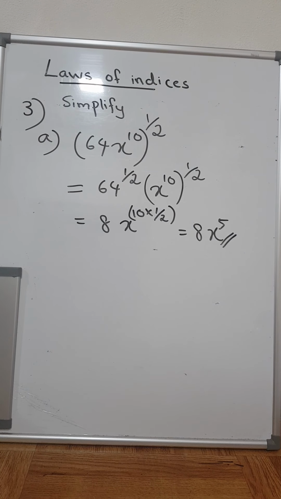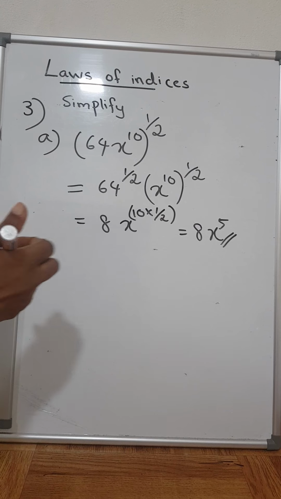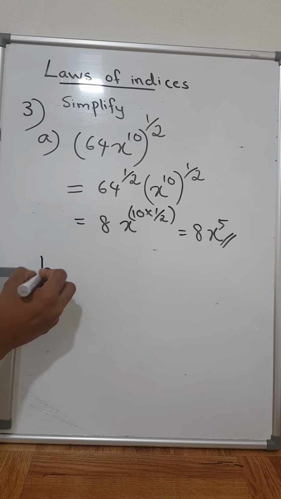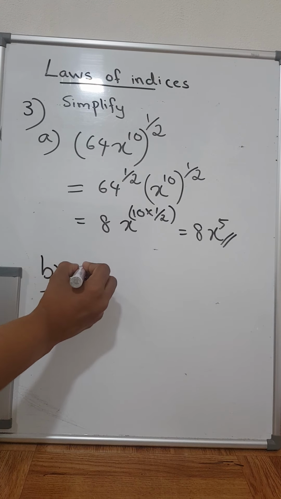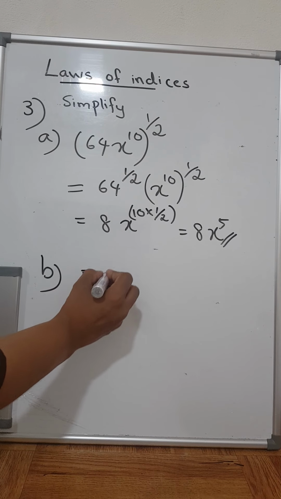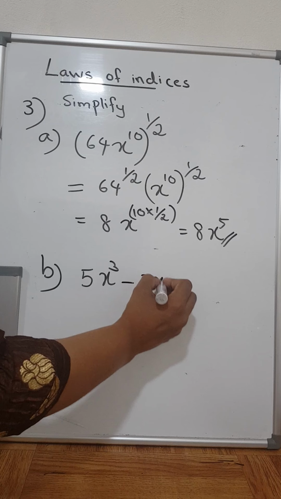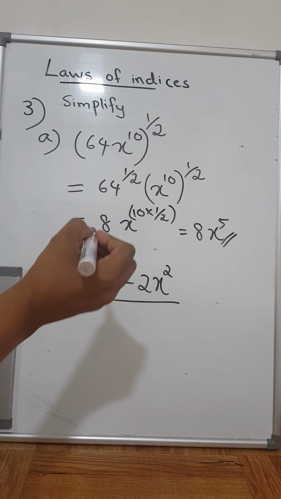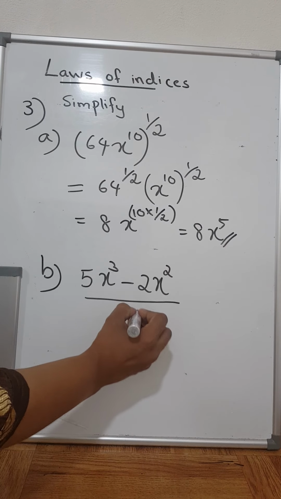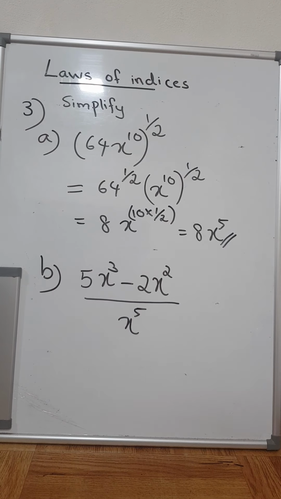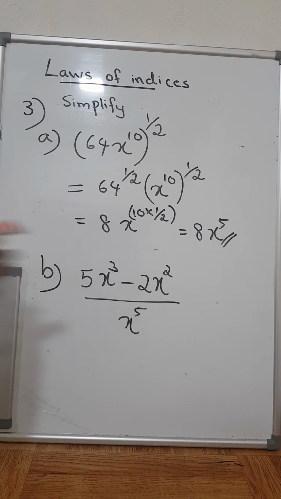Very easy, right? So let's check question number B. Question number B is 5x cube minus 2x square, divided by x to the power 5. What can we do here? We can just split them.